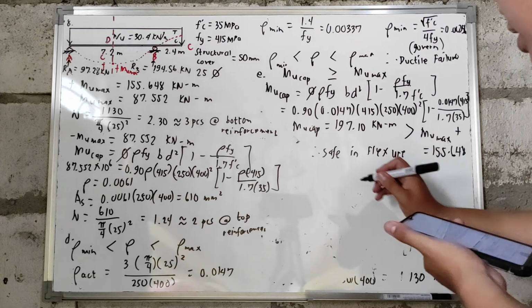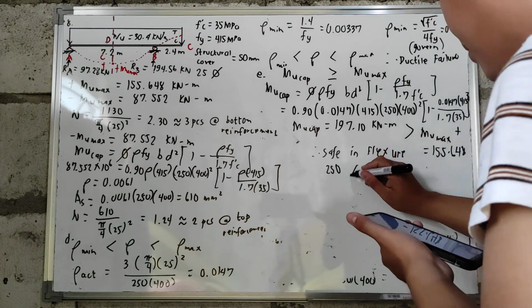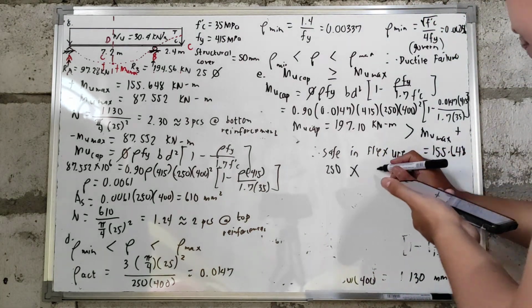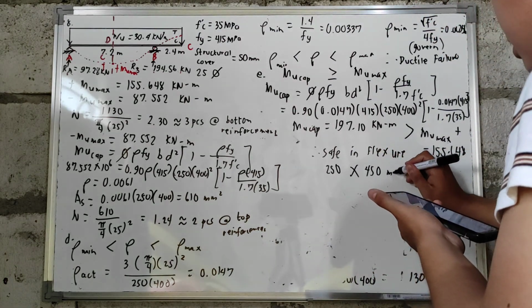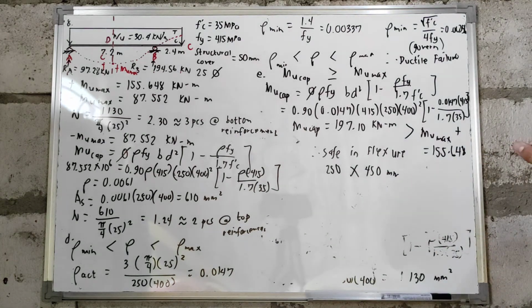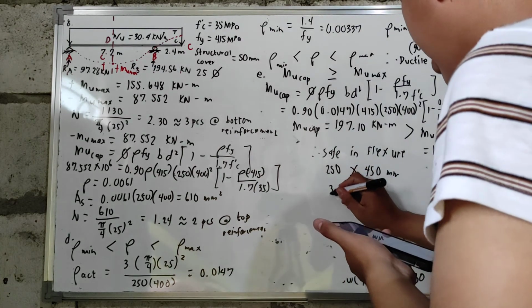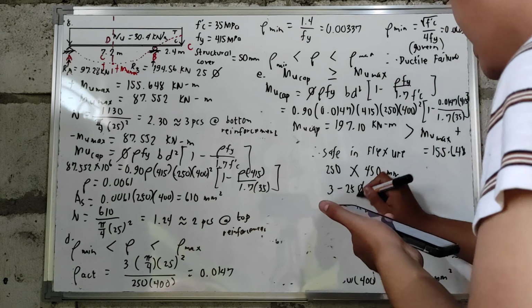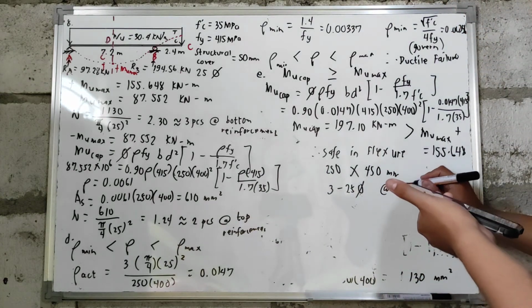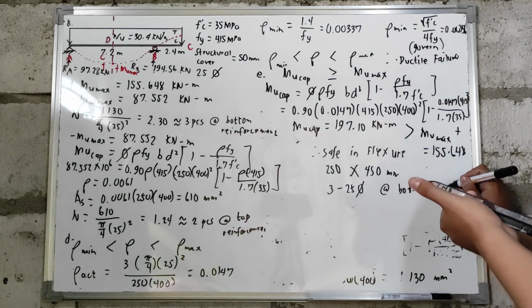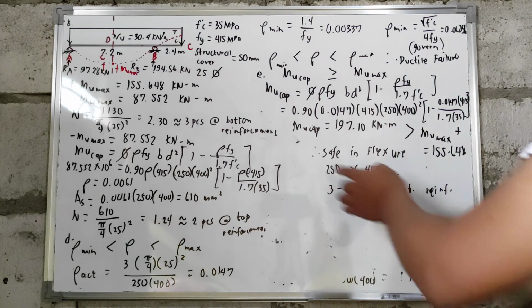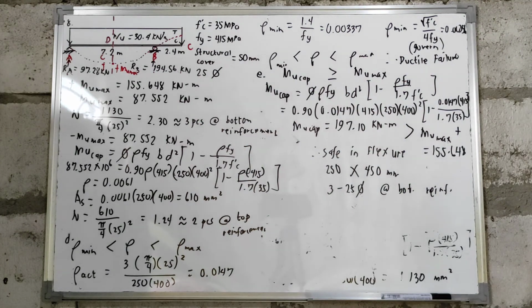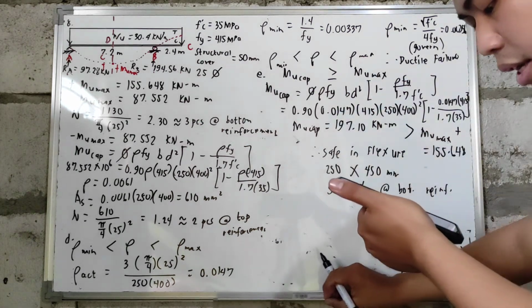So, we are going to adopt 250 mm by 450 mm. Tapos, yung mga reinforcement natin, meron tayong 3 pieces 25 mm diameter bars at bottom reinforcement, kasi nga, due to the positive moment natin na 155.648.